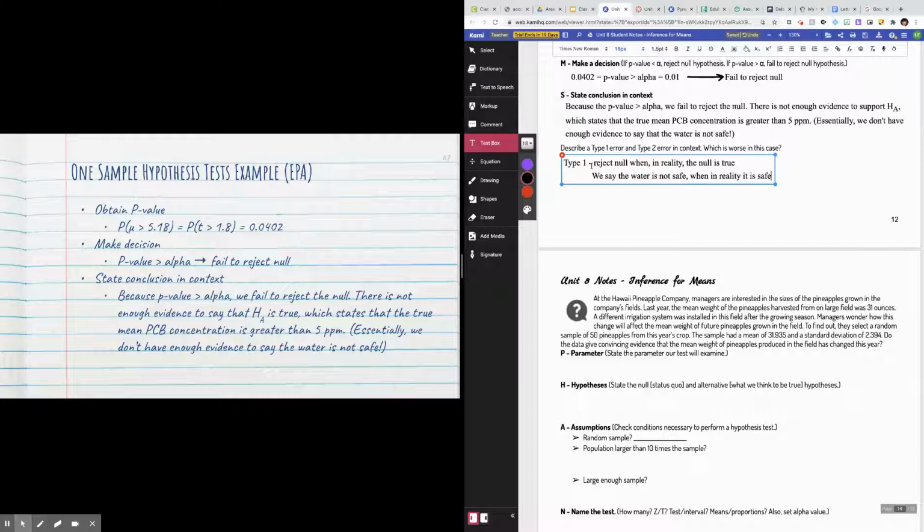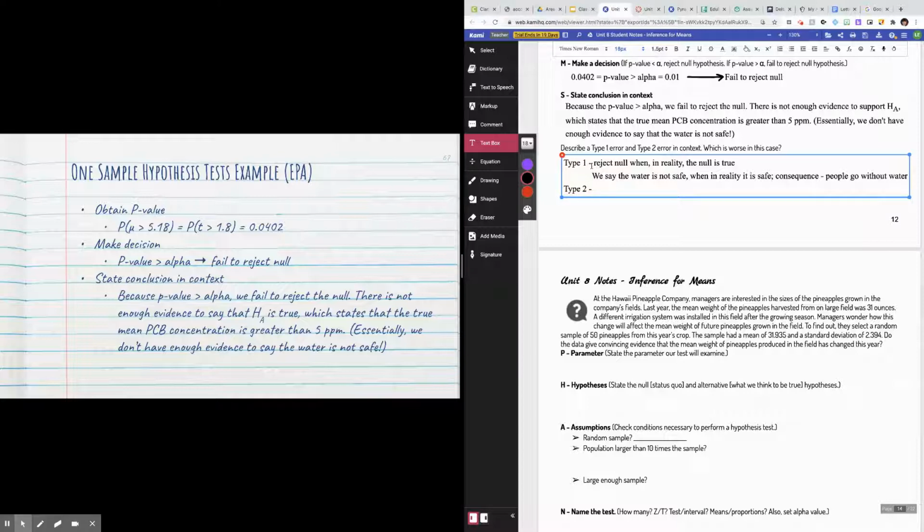Okay, and so the consequence here would be people go without water, right? Or maybe they have less water, okay? So that's a possible consequence.